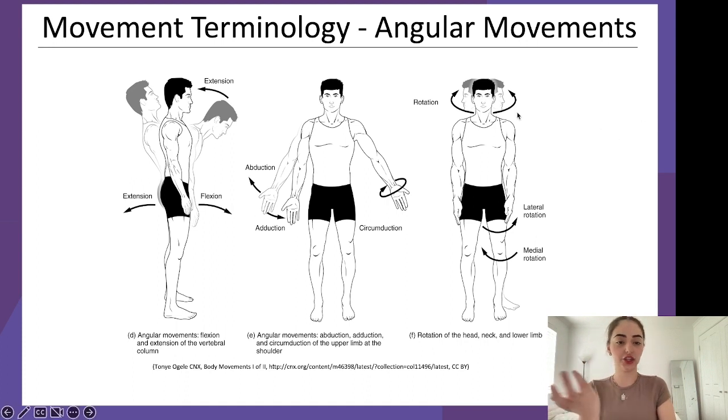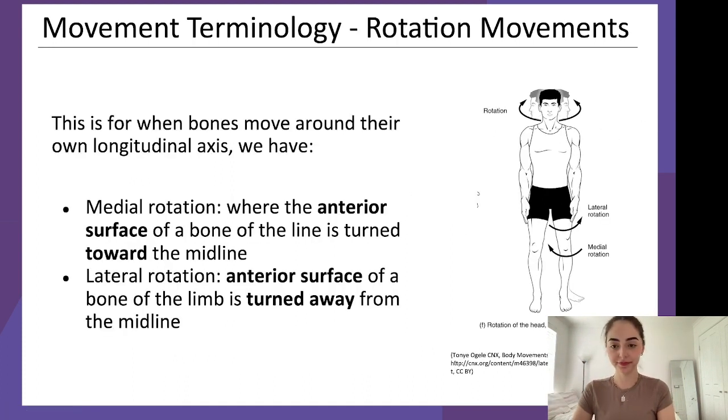And then rotation, that's really obvious when you rotate something, like your head. This feels so strange, just moving my body around. This is for when bones move around their longitudinal axis. We have medial or lateral rotation. Medial is where the anterior surface, remember, the forward surface of a bone, is turned toward the midline.